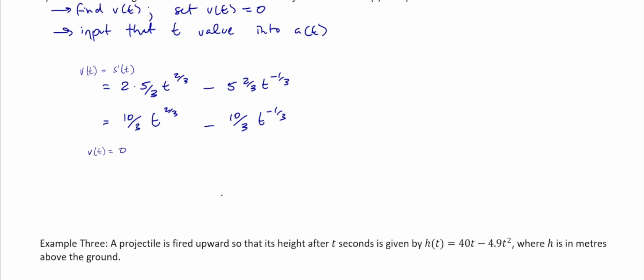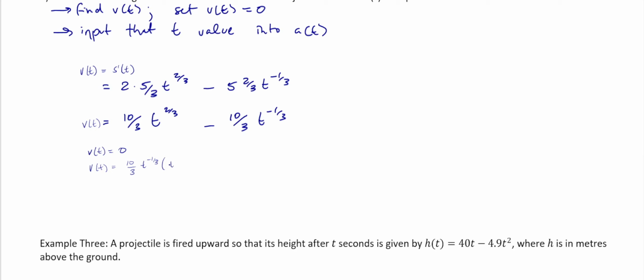Now what I have to do is find when the velocity function equals 0. All right, so if this is my velocity function right here, it's hard to find it equal to 0 when it's not in its factored form. So the first thing that I'm going to want to do is factor this right here. And I see that it has a common factor of 10 over 3, so I'm going to put 10 over 3 right here. And then I look for the variable with the lowest possible exponent. So the lowest possible exponent is t to the negative 1 over 3.